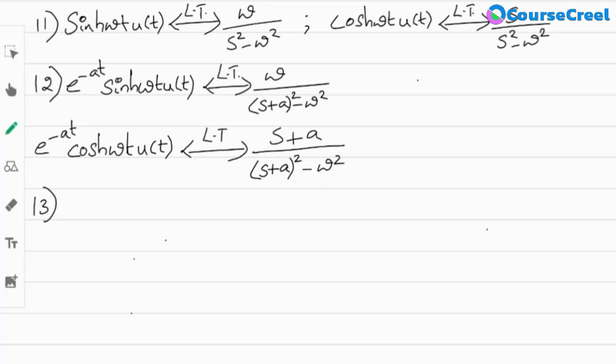And next is the Laplace transform of sine omega t plus theta.